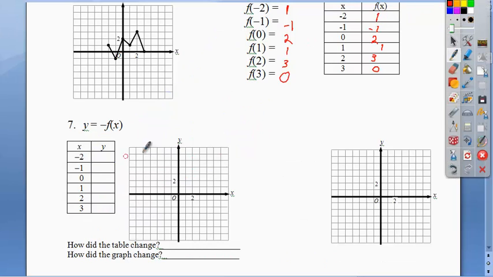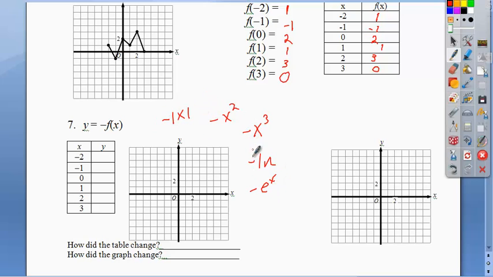Alright, so the last one that I want you to work on today is the negative. We looked at the negatives a little bit yesterday, and again, f of x is just like any function that I can think of. Taking some examples of parent functions, I could have negative absolute value of x, negative x squared, negative x cubed, negative ln, or negative e to the x, any of the parent functions.